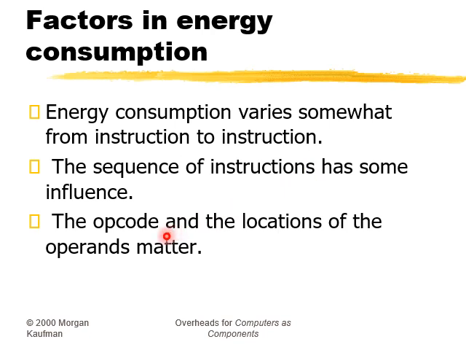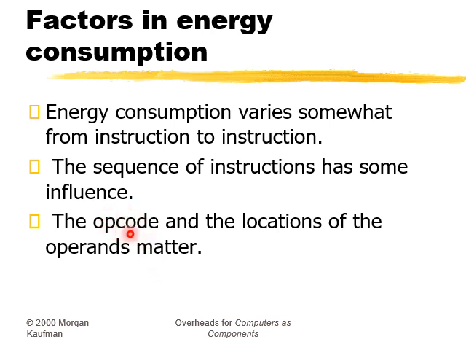Finally, the opcode and the location of operands do matter as well. The opcode tells us the addressing mode, like is it memory to memory, memory to register, or indirect, and the location of the operands, where they reside, whether in a register or in memory. It also tells us what kind of operation we are performing.